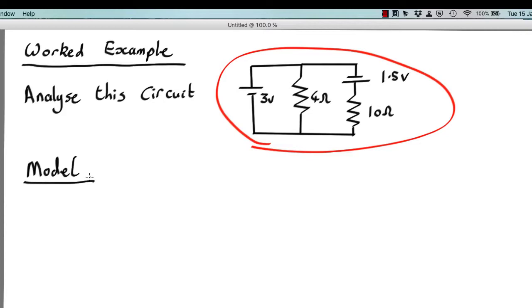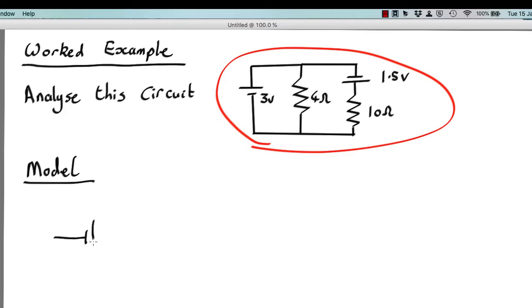For a circuit, I always like to start by drawing a really large circuit diagram. This is because we'll need to make lots of annotations to explain it. I also like to have everything along the top as much as possible, so let's rearrange this.